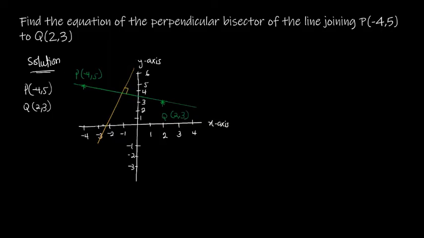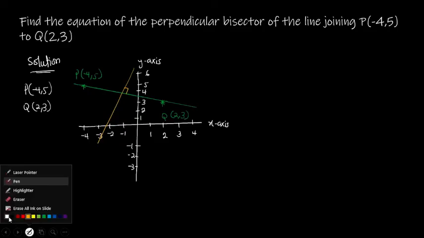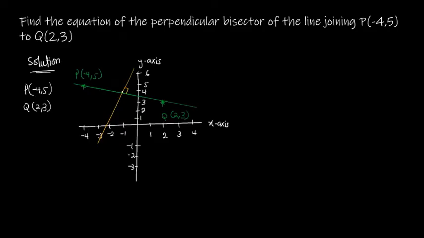So let's say this is our perpendicular bisector of the points P and Q. Now in order to calculate the equation of this perpendicular bisector, we use y minus y1 equals m into bracket x minus x1. Now, like I said, the first thing we need to do is to find the midpoint over here where this golden line or perpendicular bisector divides this line PQ into two equal halves. So that is the first thing we need to find.